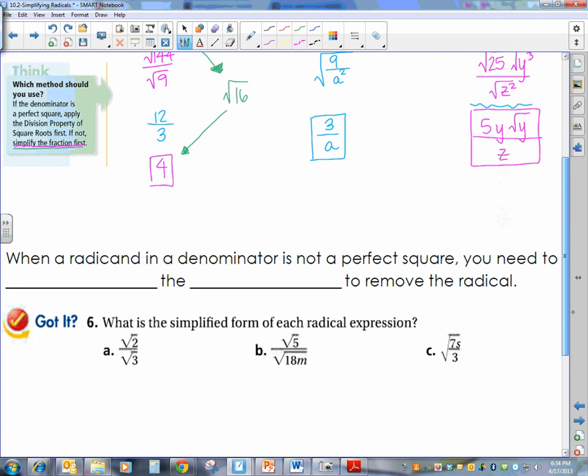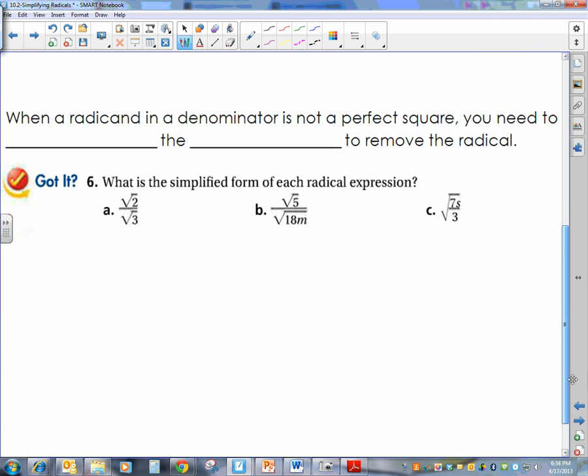All right, the last thing we get to talk about today is a process that we have to use when we have a radicand in the denominator and it's not a perfect square. We do something called rationalizing, or we'll need to rationalize the denominator.